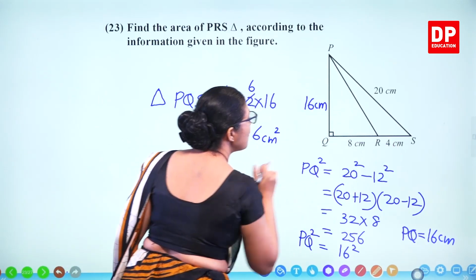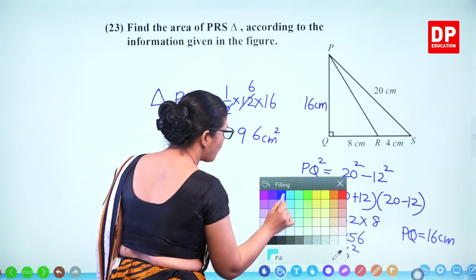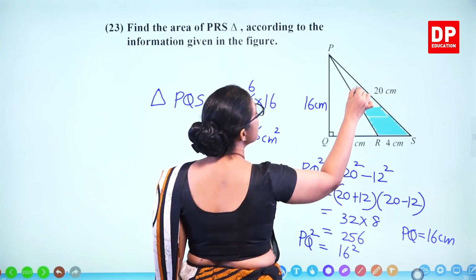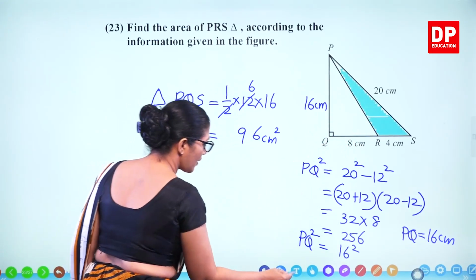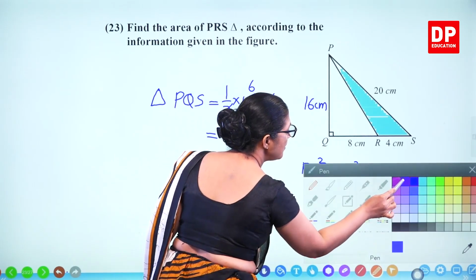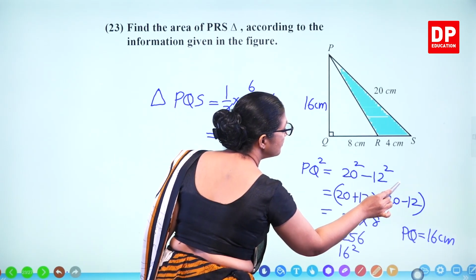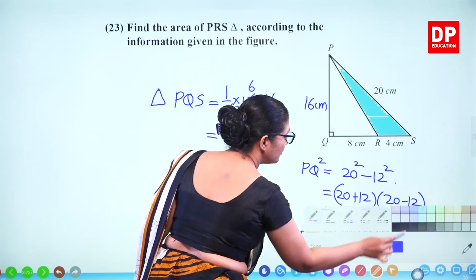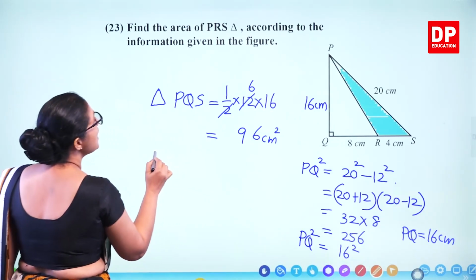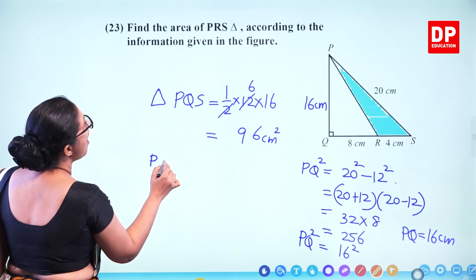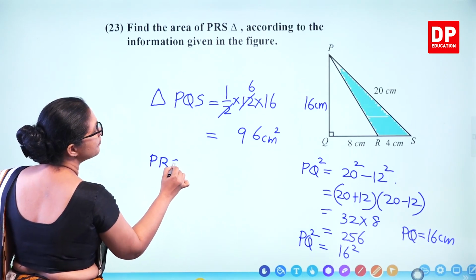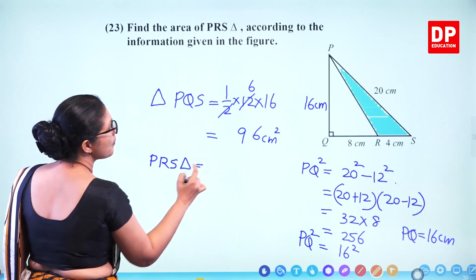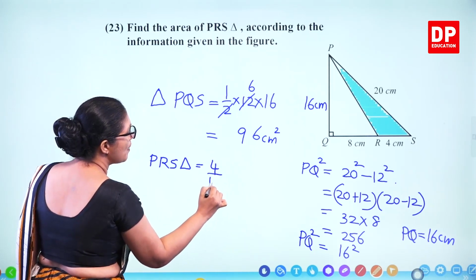So now we can find out the area of PRS, this area. How do you find that area? PRS area is 4 over 12 parts.